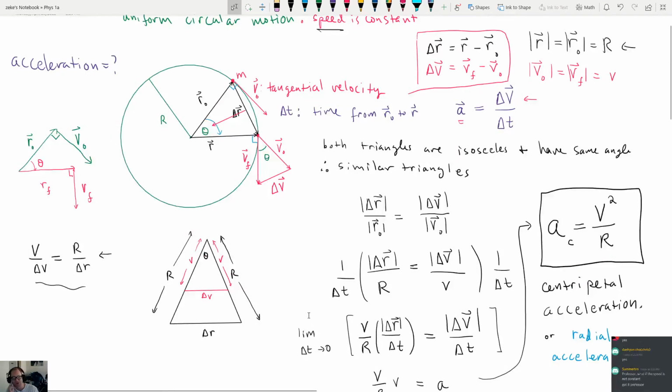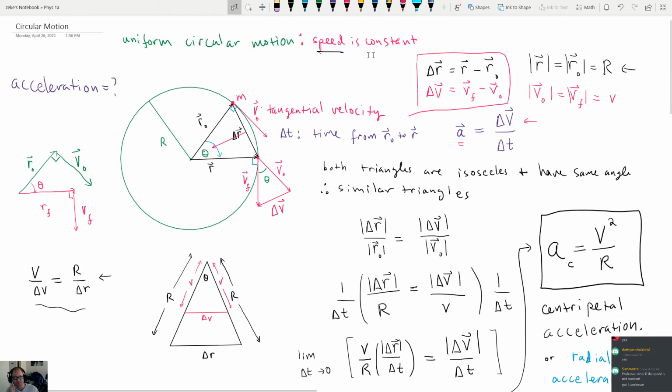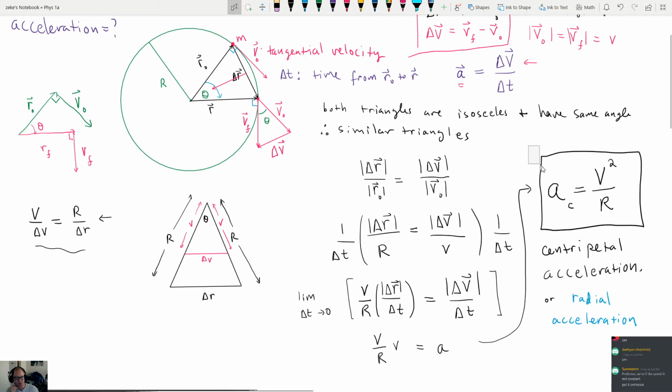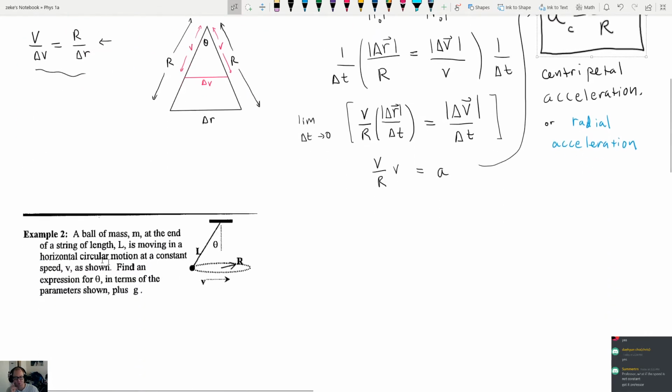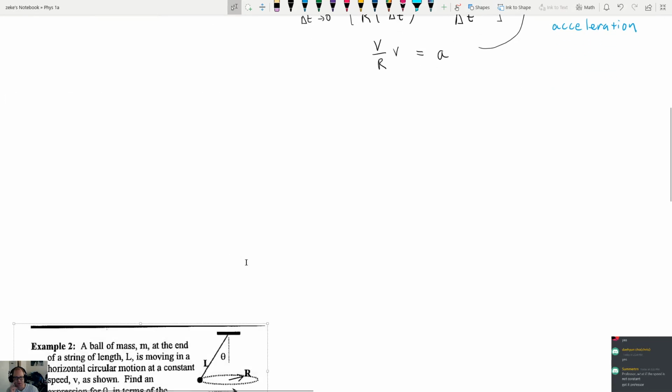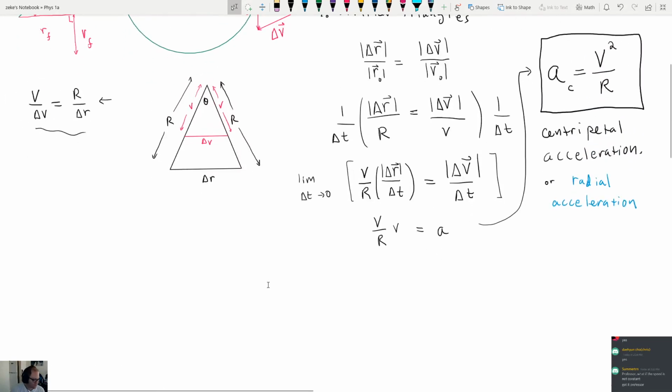The simplest answer to your question in summary is that even when an object has a non-constant speed, if it's non-uniform circular motion, at a point in the motion, this is still going to be the acceleration. Does that make sense? So let me go ahead and give you an example to answer your question in a better way. So think about the following scenario.